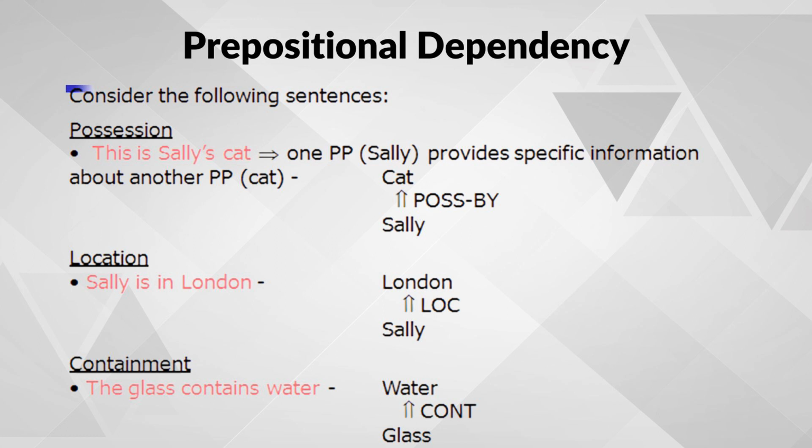In London is locative case, indicates the location where Sally is situated. Sentence, the glass contains water. The glass is nominative case, the subject of the sentence, and water is objective case, the content being held within the glass. These examples illustrate how conceptual cases are used to convey different relationships and roles of nouns within sentences.